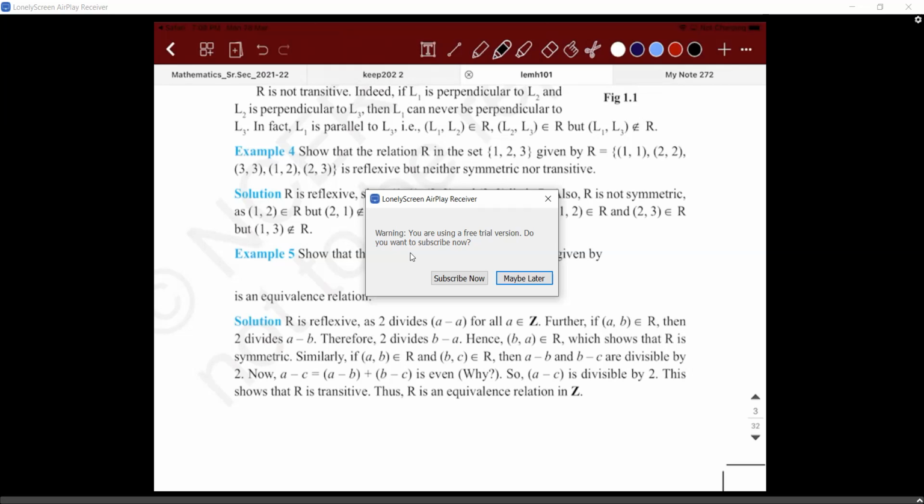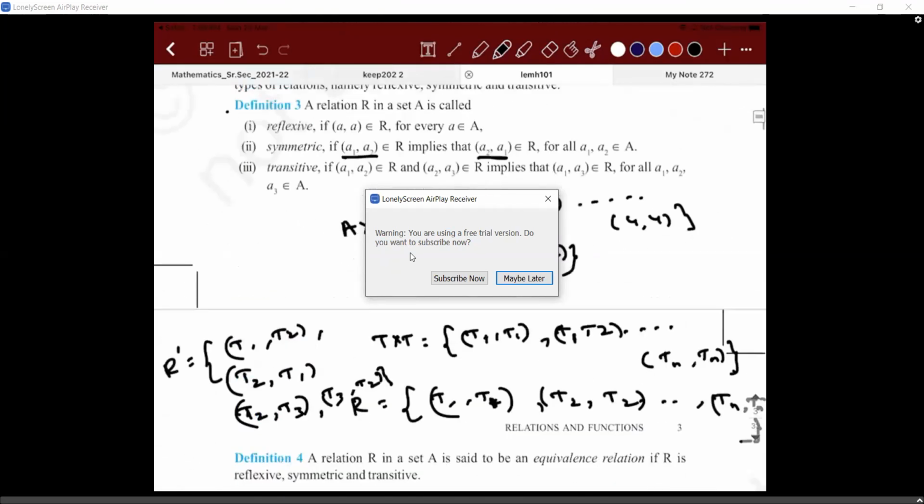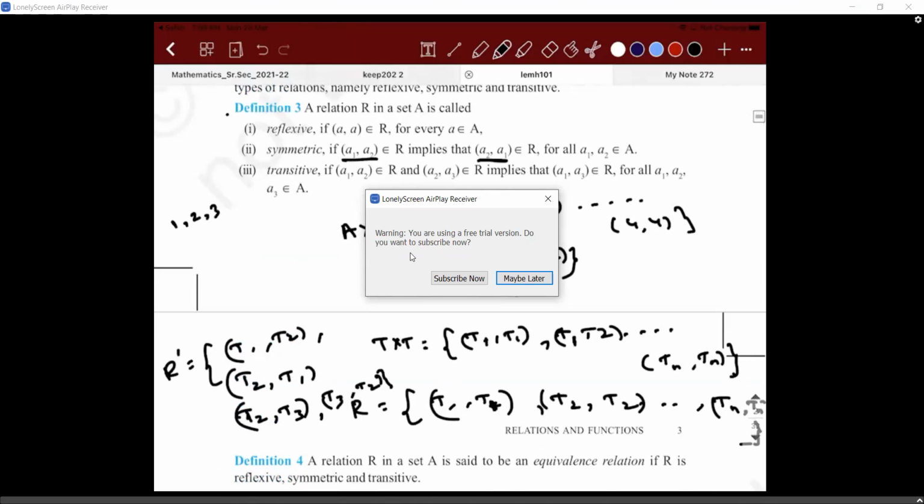You can call it that. Others can be anything. It's not necessary that it should stop only with that. That depends on what set you're talking about. So what she is asking is, I have a set 1, 2, 3, 4, which is A. I have ordered pairs 1, 1, 2, 2, 3, 3, 4, 4, and 1, 2. Can I still call this as reflexive?